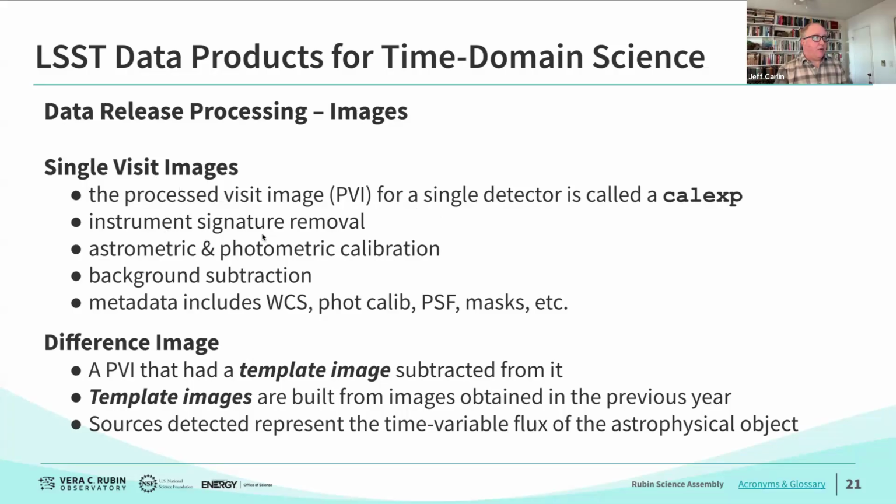But on that, we do the instrument signature removal, photometric and astrometric calibration, and background subtraction, fitting the PSF, all of that. And along with each image comes the WCS, the photometric calibration, data quality masks, et cetera. And then the difference images are basically the same, but with the template image subtracted.